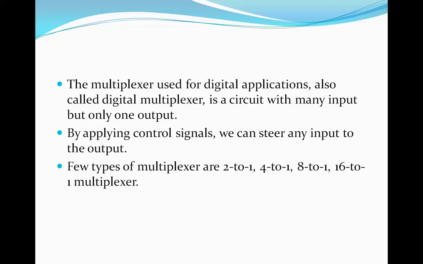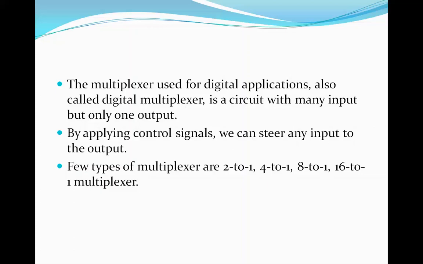As I told you, in multiplexers we can have n inputs but only one output. So any one of these inputs will be taken as the output of the multiplexer. That depends upon the selection lines. Those selection lines are known as the control signals.